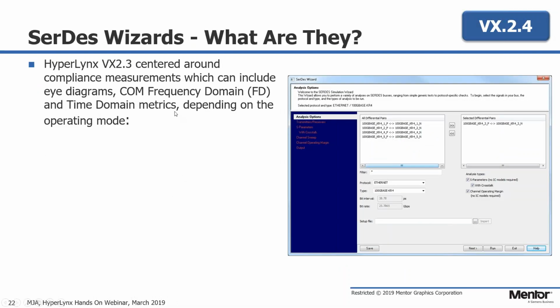The other thing that was kind of big in 2.4 was the compliance wizards for SERDES. This is where you can analyze an interconnect on a high-speed differential trace based on the type of protocol you're using. In this case, you can see down here it's Ethernet and the type of Ethernet. So these are all JEDEC standards.